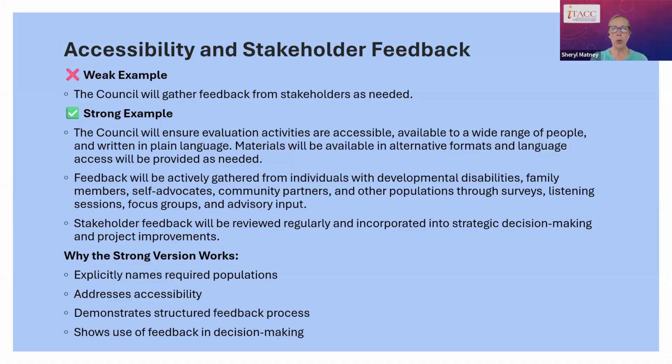We're going to make sure our materials are available in alternate formats, and language access is going to be provided as needed. You're going to actively gather information from people with developmental disabilities, family members, self-advocates, community partners, and other populations. I mean, you can put anybody you want in there.